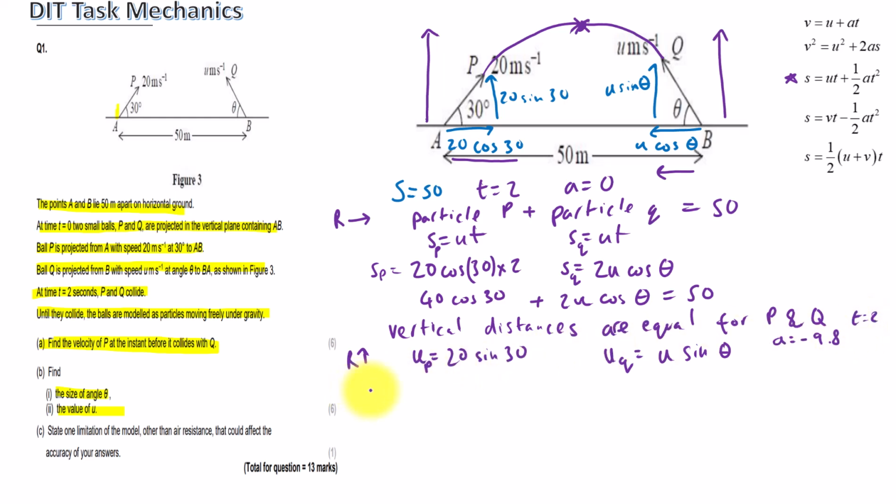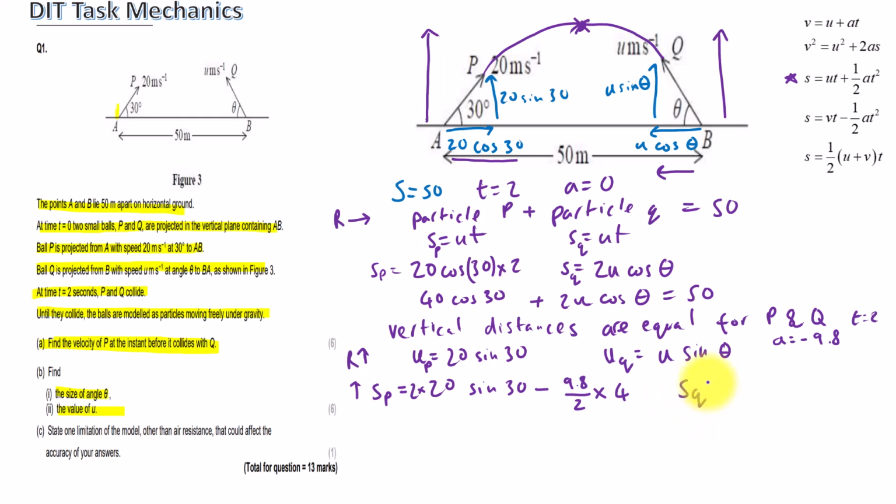So our SP upwards is going to be 20 sine 30 times 2, I'm going to write that here because that's your ut, minus a half a, because a is minus 9.8, so 9.8 over 2 times your t squared, which is 4.